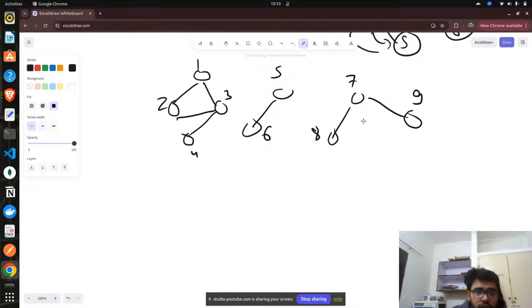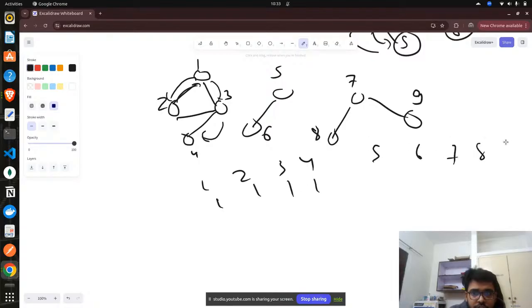We will use the DFS method, and DFS will traverse this and this, and will mark 1, 2, 3, 4 as 1 1 1 1, while 5, 6, 7, 8, 9 will still be 0 0 0 0 0.